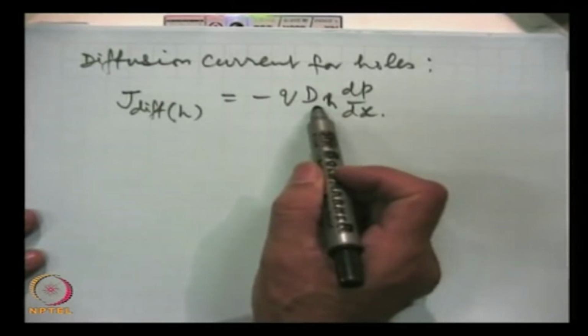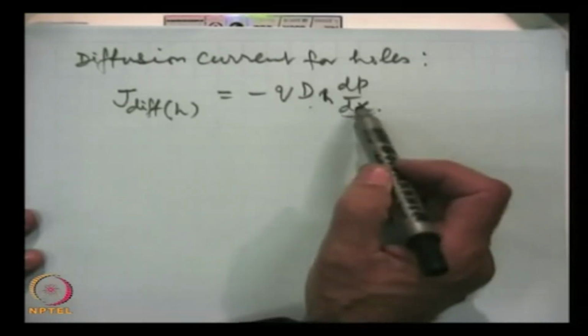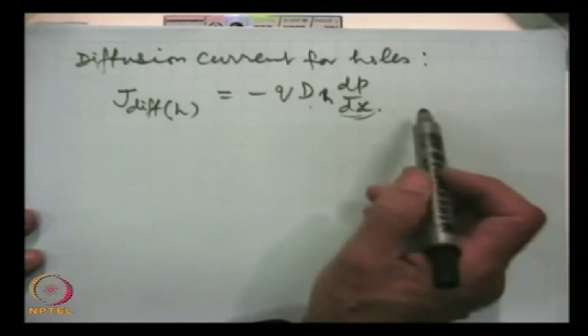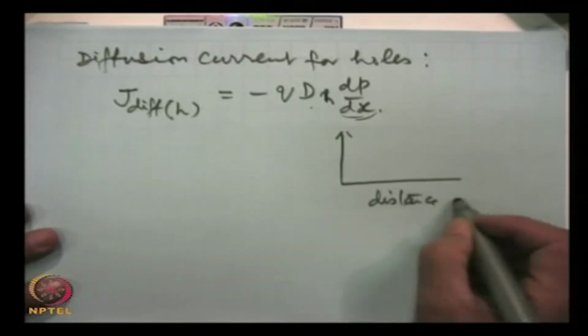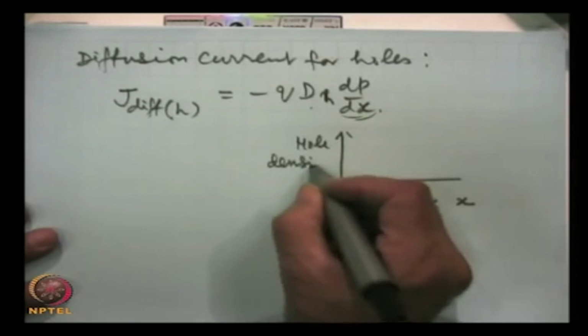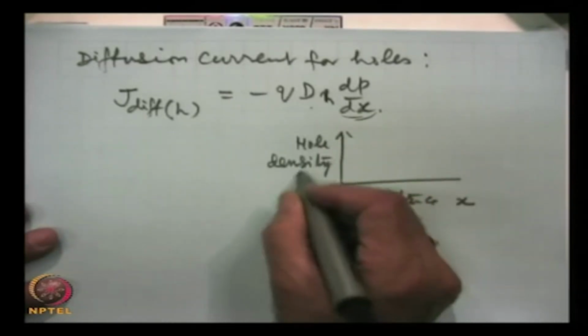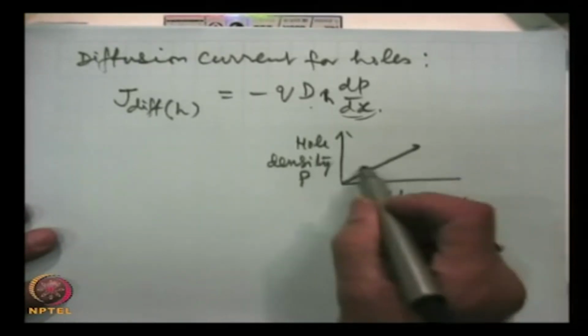This is the diffusion constant for holes, this is the gradient, the density variation with the distance. This is distance and this is hole density. And this is the gradient, and the current flows from higher density to lower.